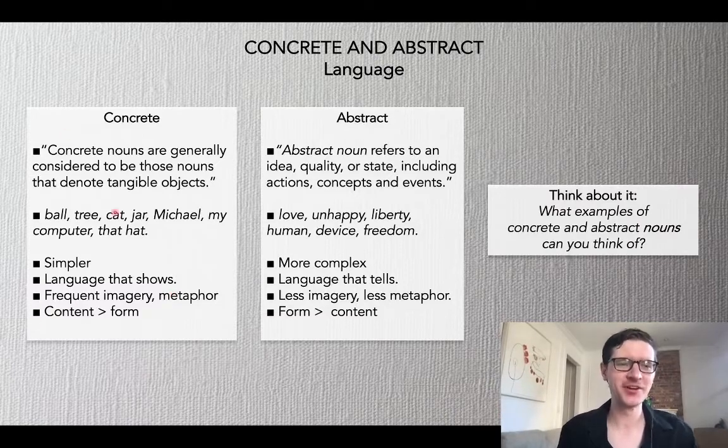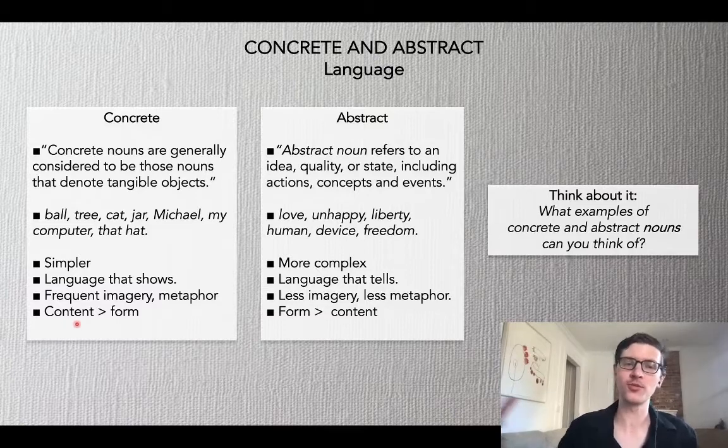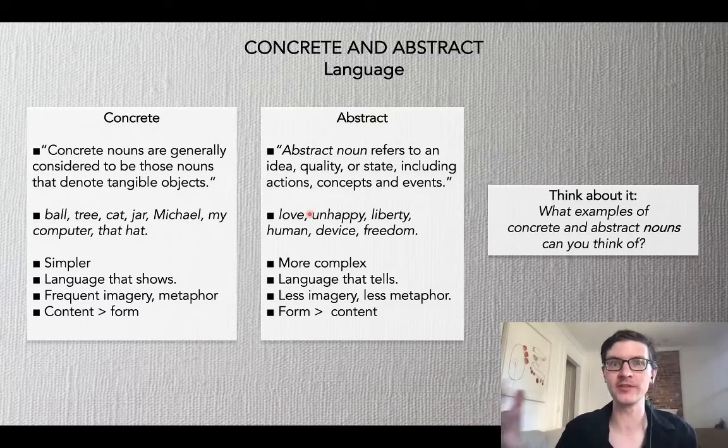And with concrete language, and we'll talk about this more soon, it privileges the content of a poem, or the content of what you're trying to say, over the form, which would be the shape or the sound of the language. So concrete language privileges content: content is more important than form.